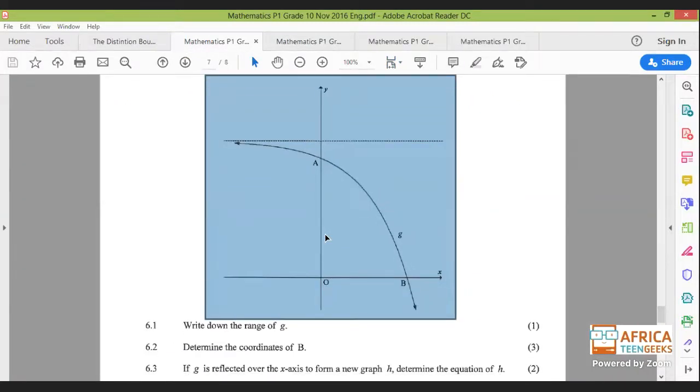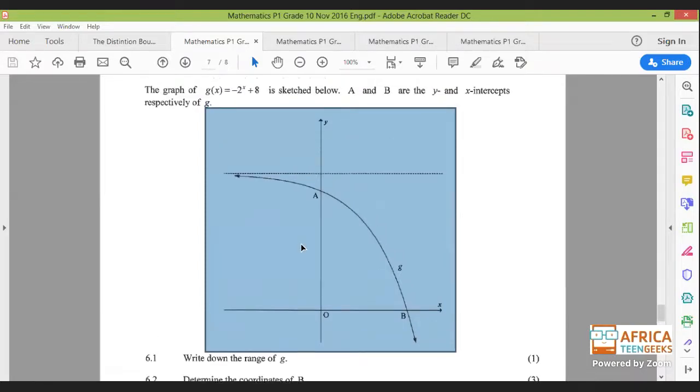6.3 says, if g is reflected over the x-axis to form a new graph h, determine the equation of h. So basically the examiner is saying that if this graph is reflected on the x-axis, meaning if you were to draw another graph here, it reflects on the x-axis.